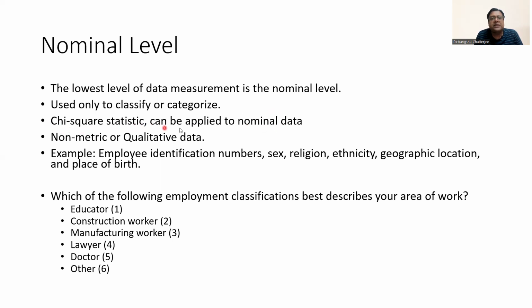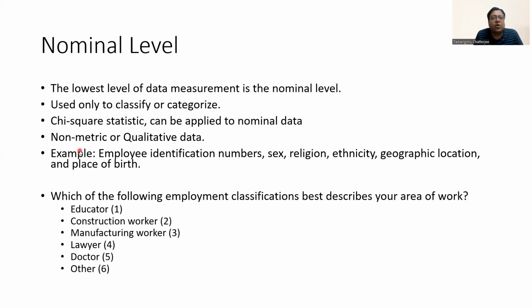This point is slightly advanced to discuss at this stage. So what is chi-square statistics, and why are we saying that chi-square statistics can be used for nominal data? The purpose of writing this is that not many statistics can be applied to nominal data. Out of other statistical parameters, we have chi-square statistics that can be applied to nominal data.